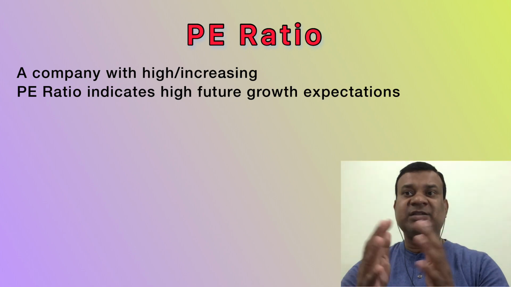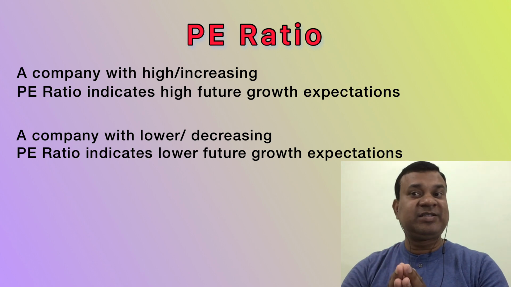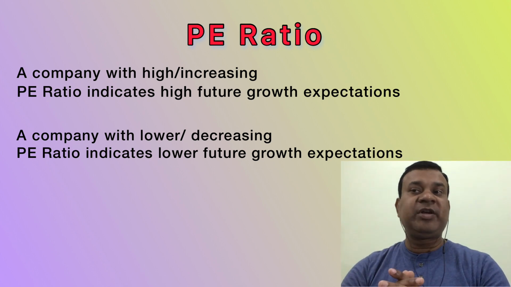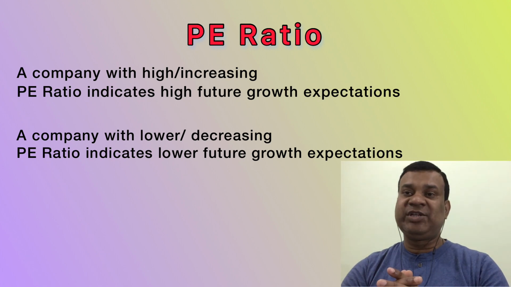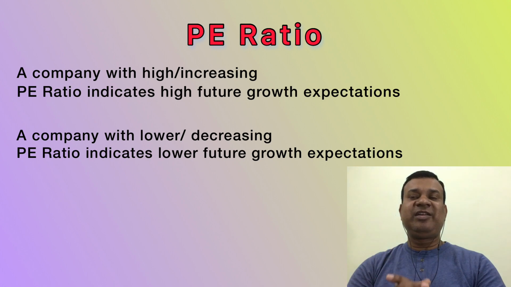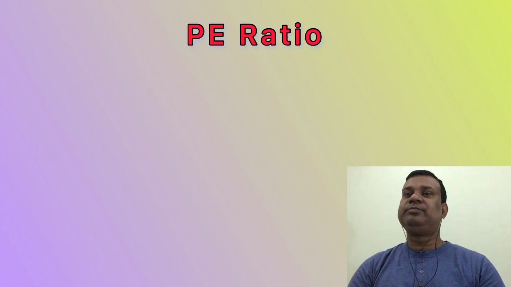And in case the share price is decreasing, it clearly depicts that analysts have analyzed that in coming quarters, the profit is going to decrease, which in turn will decrease the earning per share. So, in general, it is said that a company with high PE indicates that analysts are expecting high revenue growth and future for that company is bright as compared to the companies with low PE.